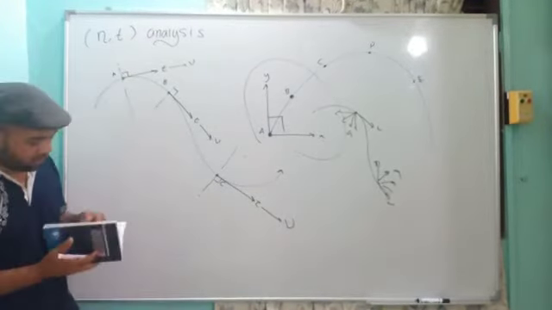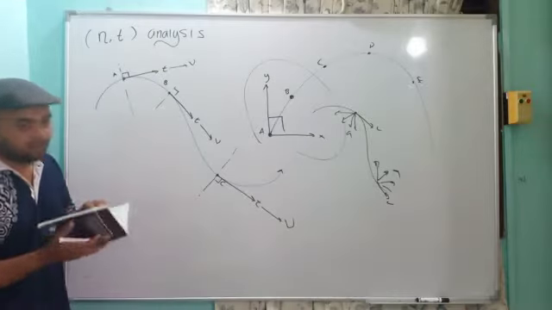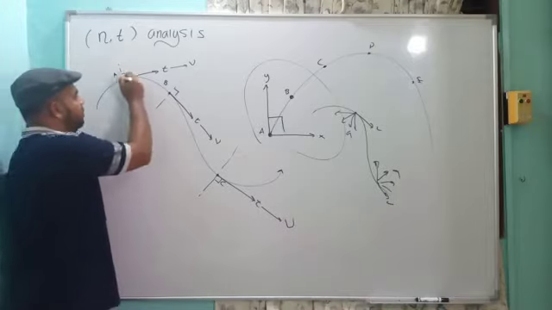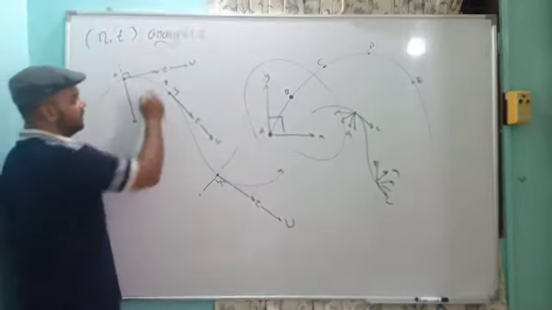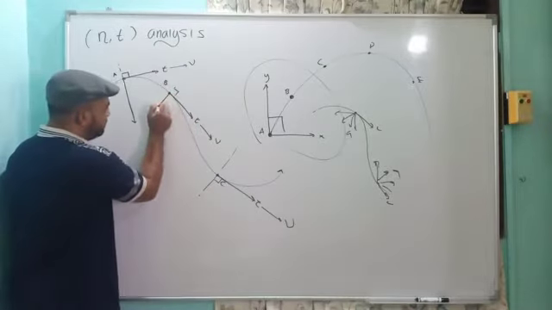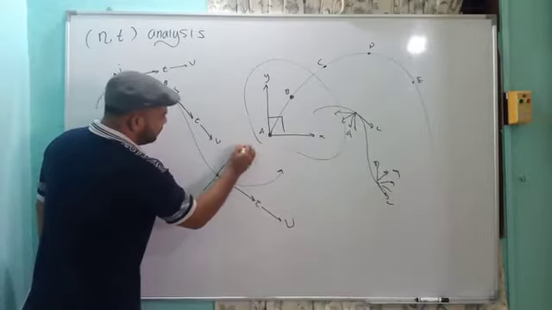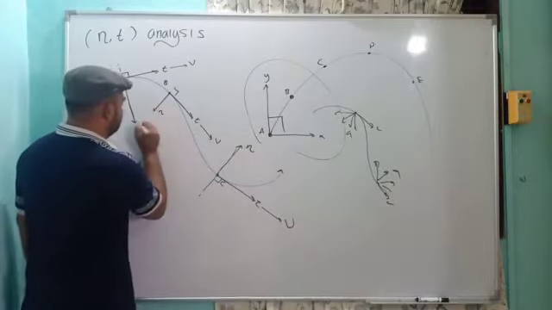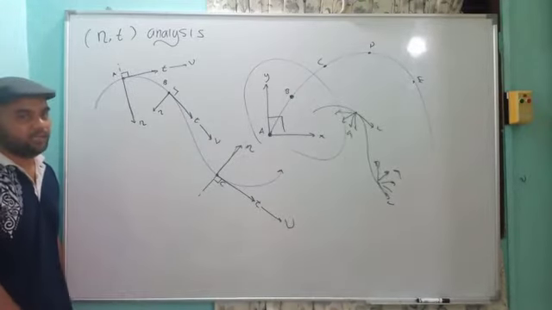The book says it is always directed toward the center of rotation. So if the curve bends this way, the axis is directed toward the center of rotation, curving this way. So this is your n-axis. Now you know how to build the n-axis.